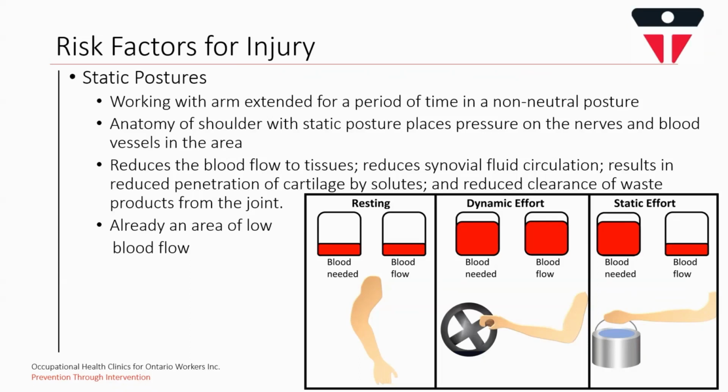So when we're resting, we don't need a lot of blood, and we don't get a lot of blood flow as a result. When performing dynamic efforts, a lot of blood is needed, and the body generates that. But when we're in a static, awkward position, for example, with the arms stretched out straight in front of us, we need blood to perform the task, but because the blood vessels are actually compressed, we're not getting the blood flow that we need.